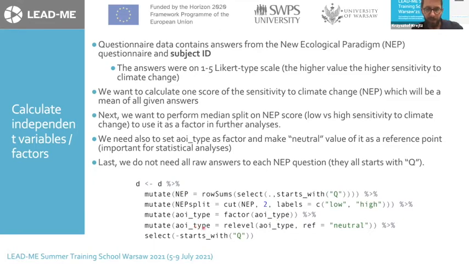And then I re-level this variable, and I set the reference point as neutral. I want to do it deliberately. Typically, I want to have neutral as a reference point. If I did not do it, R would treat negative as the reference point. Why? Because with these three values, negative is first alphabetically.